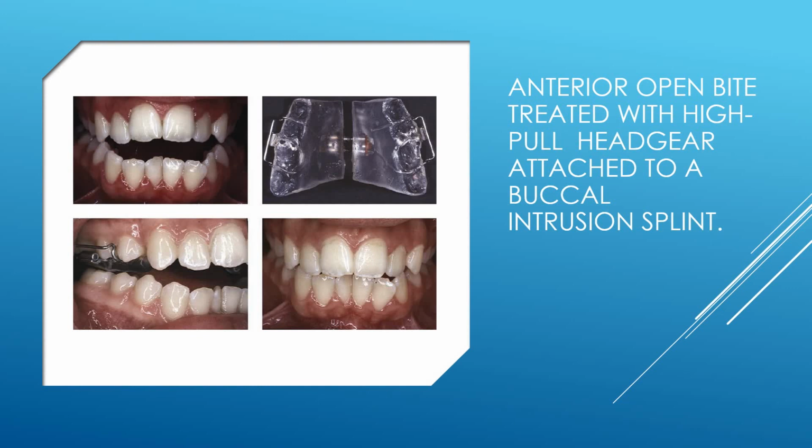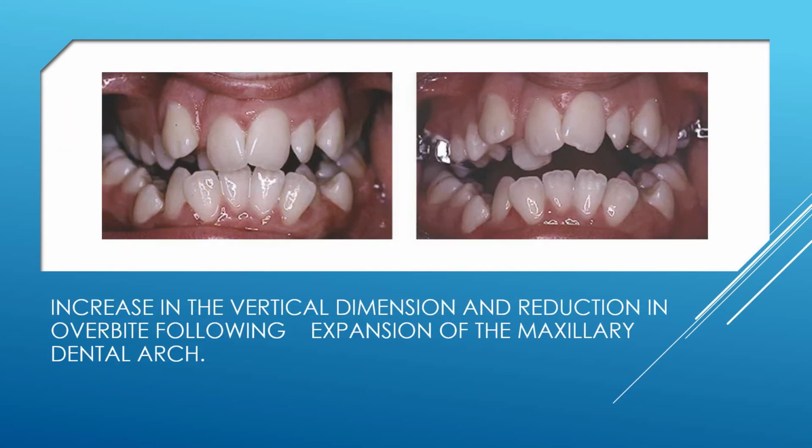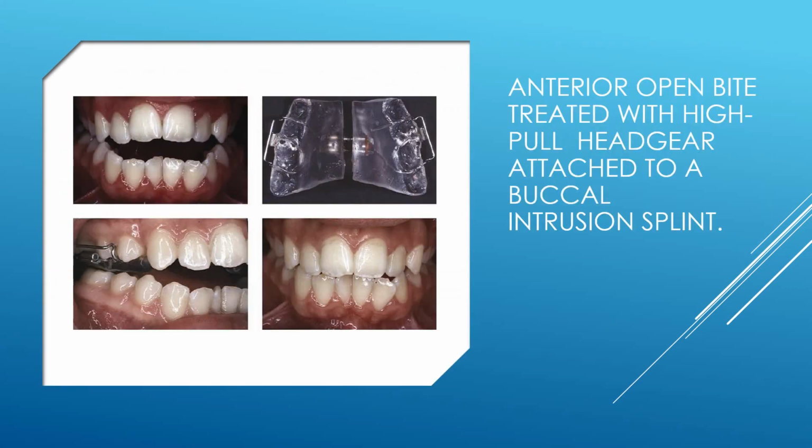This will theoretically redirect mandibular growth in a more anterior than vertical direction. The headgear can be run directly to bands on the upper first molars or to a removable appliance with posterior capping intrusion splint.